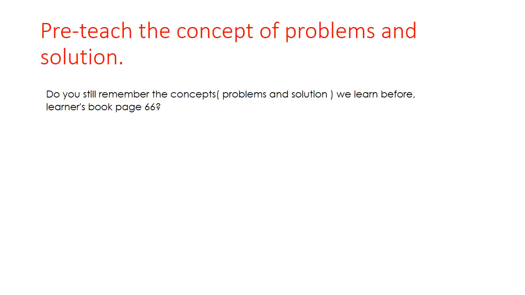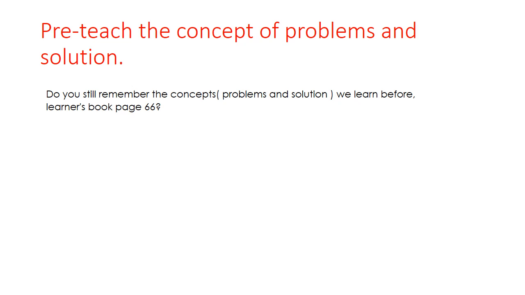So before we continue with our lesson, I would like to pre-teach the concept of problem and solution. Do you still remember the concepts, problem and solution we learned before in your learner's book, page 66? Open your book on page 66.